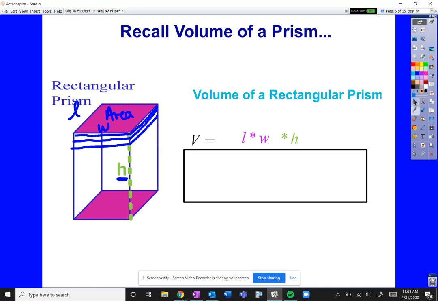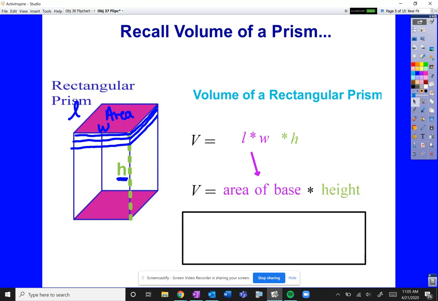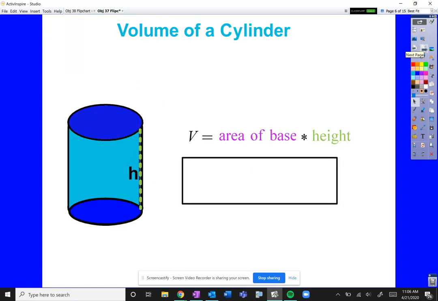So the volume of a prism is you find the area of one of the bases and you multiply it by the height. So the same idea applies to cylinders. You take the area of a base and you multiply it by its height.